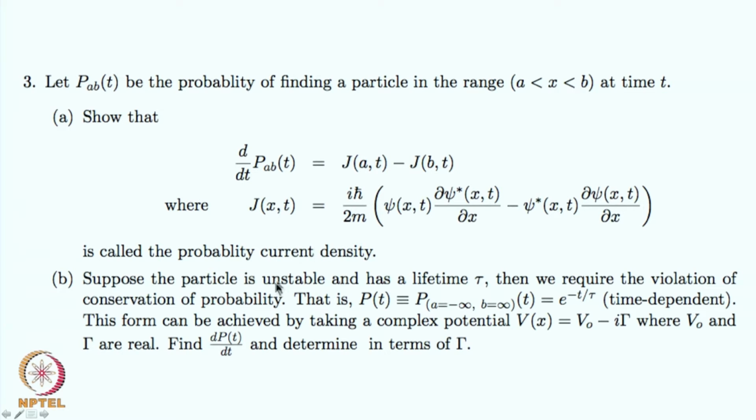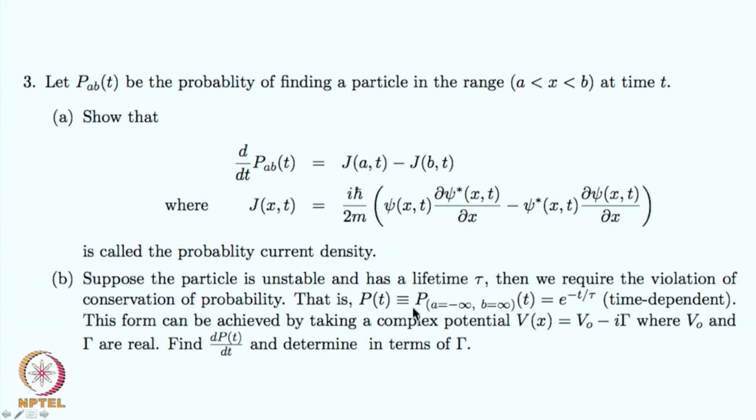So this is the first part. In the first part we are finding the probability of the particle in a box, and we will take the potential to be real.